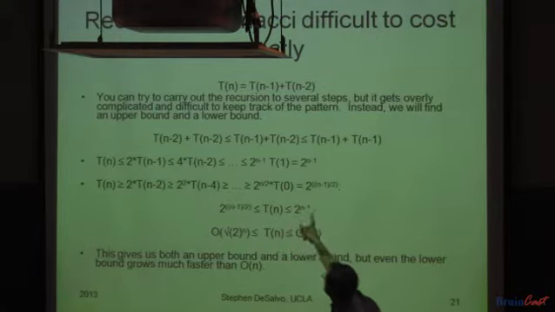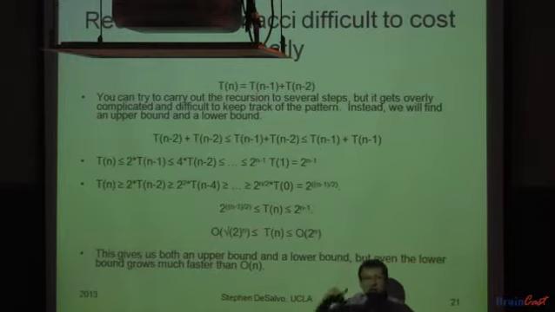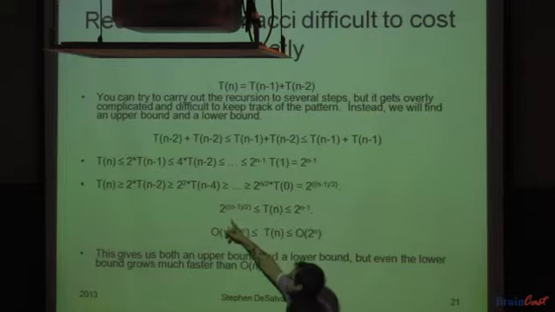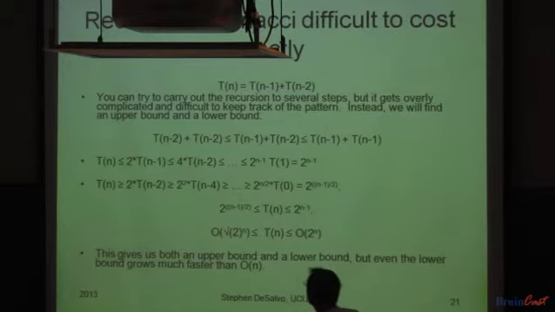Okay. T of n is, at most, growing like 2 to the n. But at best, the lower bound says that we're growing like 2 to the n over 2. That n minus 1 over 2, just think of it as an n over 2. Okay?